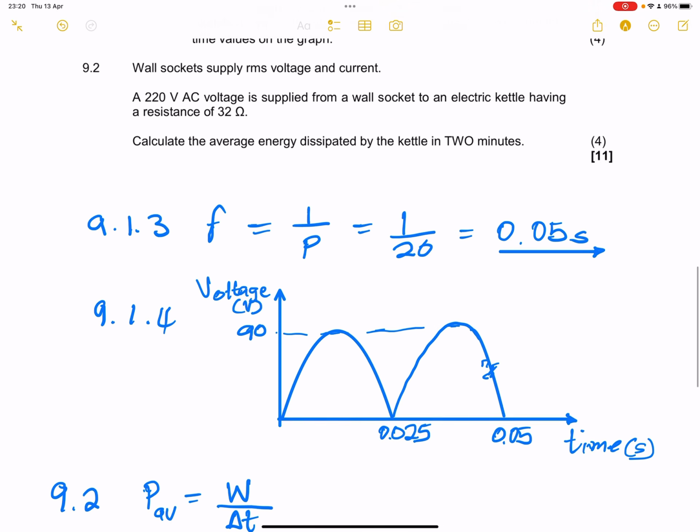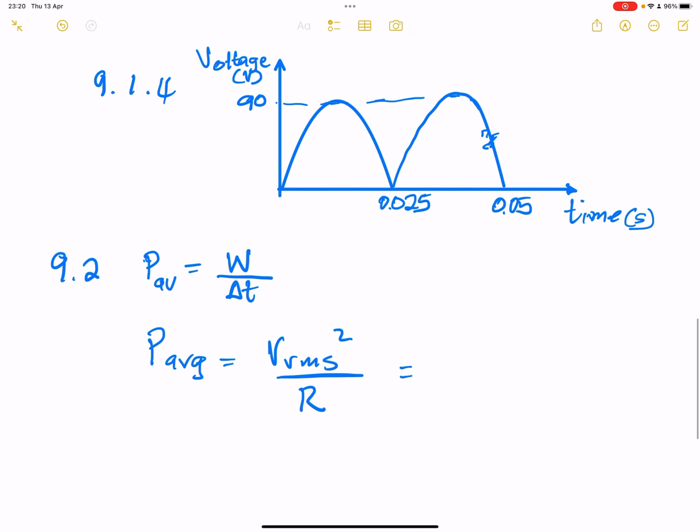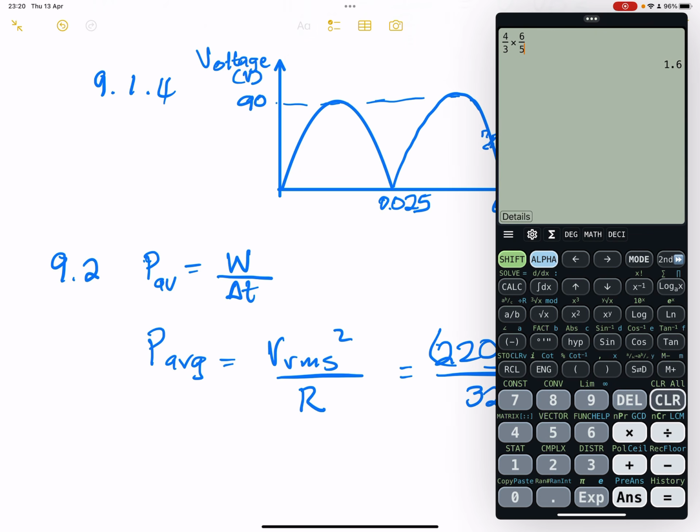So we know that our V RMS value is 220 volts, divided by the resistance in this case, which is 32 ohms, right? So let's try and calculate that.